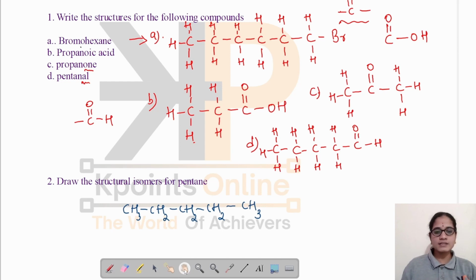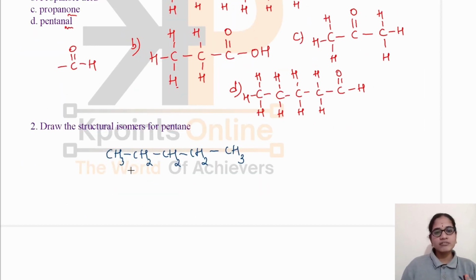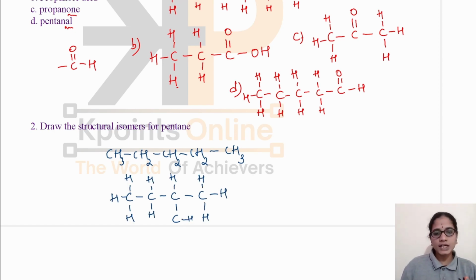For writing the isomers, we can arrange all the carbon atoms in a single chain, and one more compound I can write by writing 4 carbon atoms in a chain and writing the 5th carbon as a branch. Then satisfy the remaining valency of carbon. This carbon atom is also bonded with hydrogen for satisfying valency.